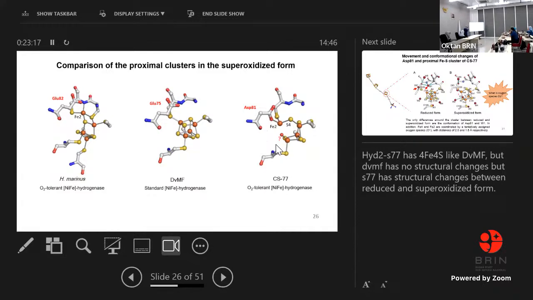And there is no such thing in the oxygen tolerant and standard nickel iron hydrogenases. So this makes us want to find out more. So what is the species? Okay, so the next one.